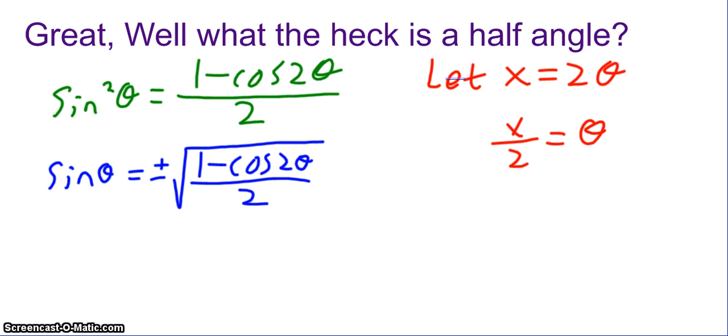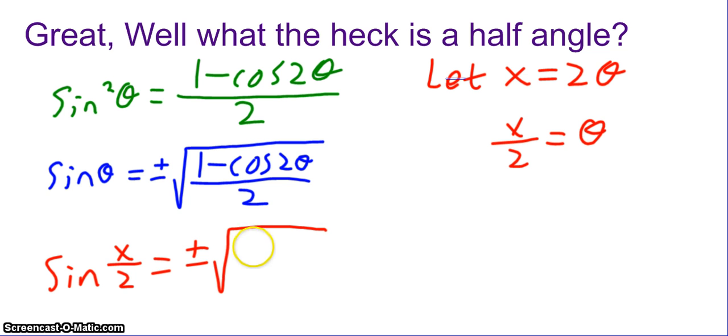So now my relationship is sine of x over 2 is plus or minus the square root of (1 minus cosine of x) all over 2. So this is how we can develop the sine half angle identity.